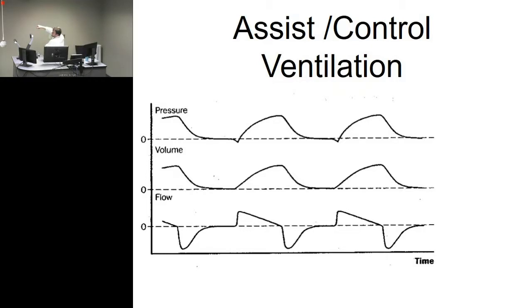And then you get the machine sensing that and delivering the breath. So that is one of the more important things on pressure to look at to see whether you're generating a spontaneous or a machine-delivered breath.